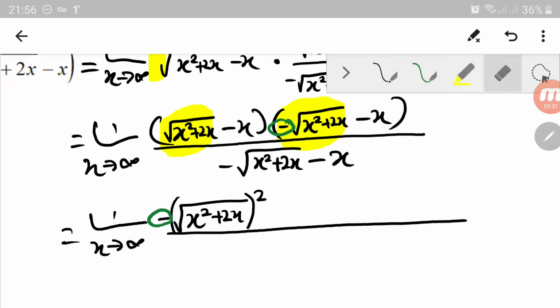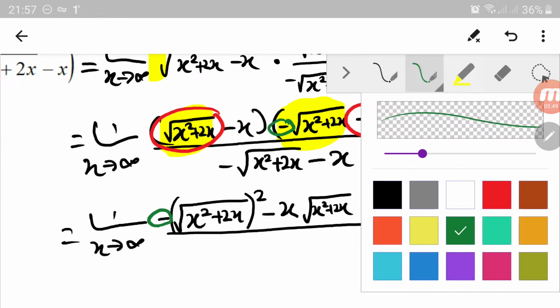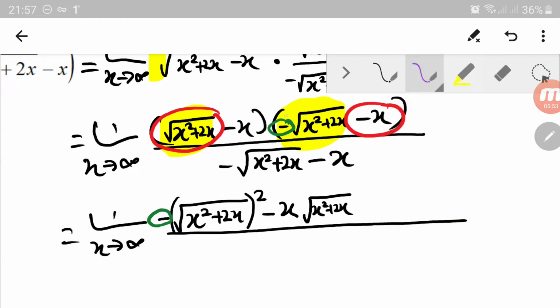Next, in a different color, red, I want to multiply this by this one. What we get is minus x times the square root of x squared plus 2x. Then the purple one: this multiplied by that one.